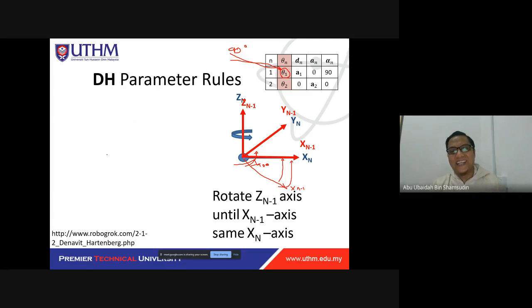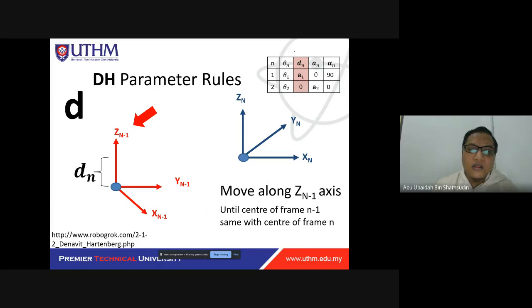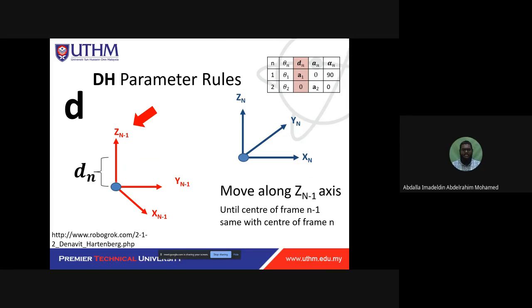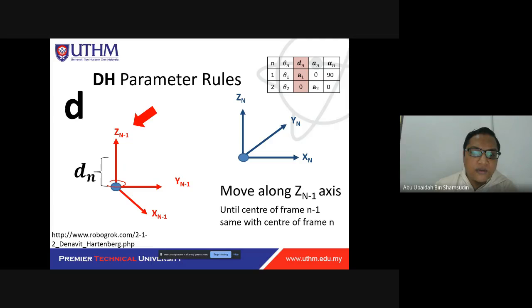Okay, let's move to the next one. We have finished our first parameter. It's easy, right? So let's move to the second parameter, which is D. Let's say we have your robot joint one here, and another one at this point here.